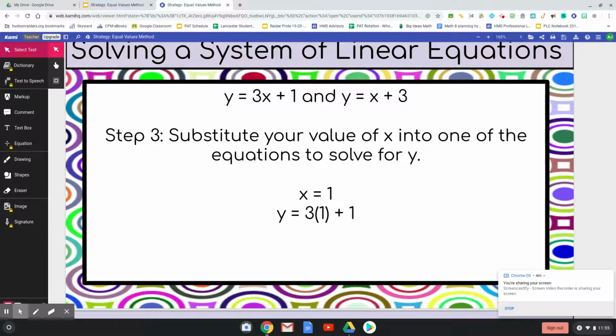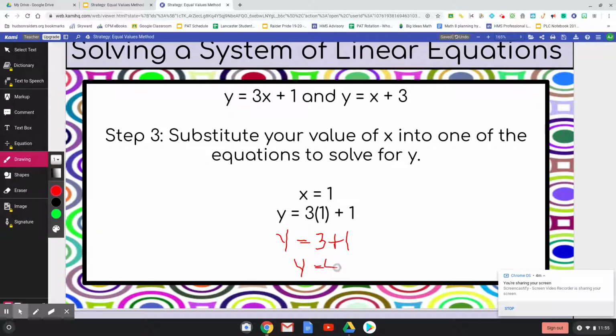We had x equals 1. I take that 1 and substitute it into the equation y equals 3x plus 1. When I solve for y, I get y equals 3 times 1 is 3, plus 1. So 3 plus 1 is equal to 4.